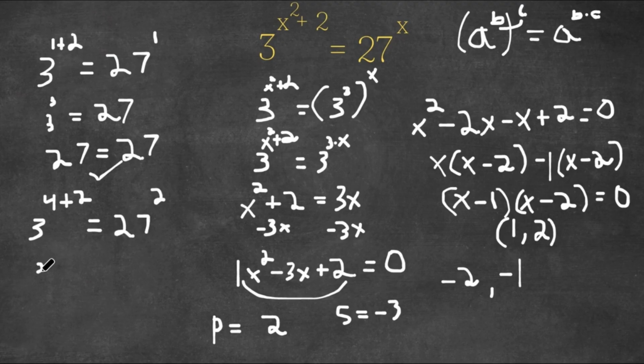Now this is 3 to the power of 6 equals, we can actually change 27 into 3 to the power of 3. We really don't have to use a calculator. To the power of 2, and these two multiply, so we get 3 to the power of 6 equals 3 times 2 is 6, so 3 to the power of 6. So this is right as well.